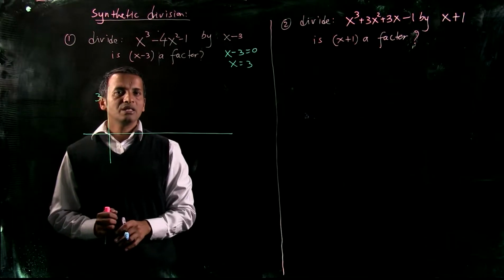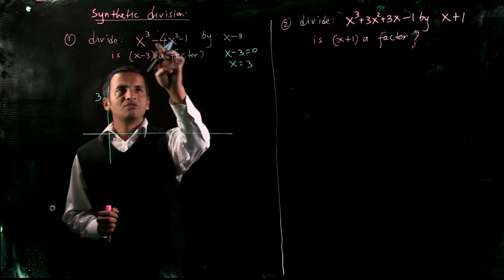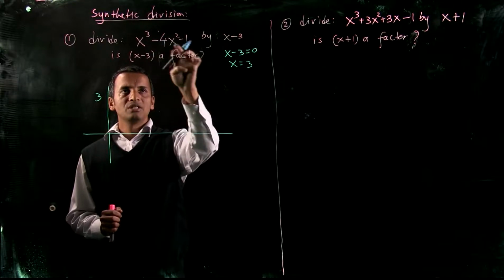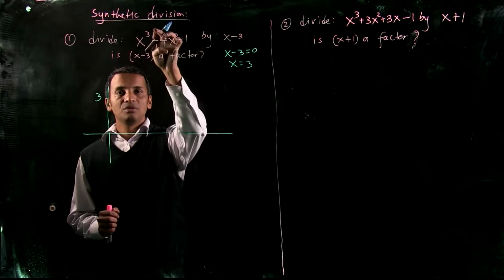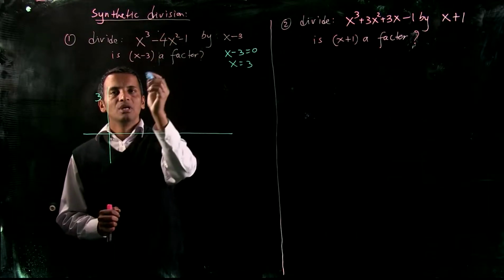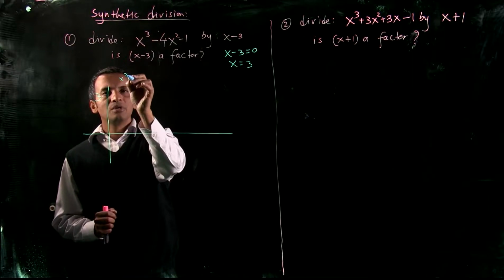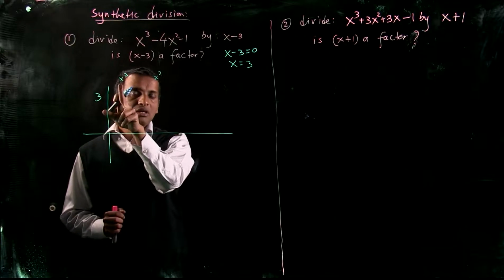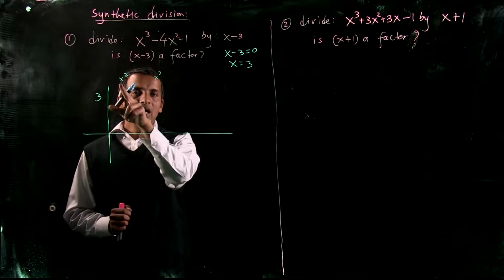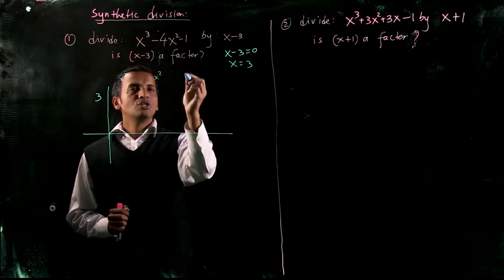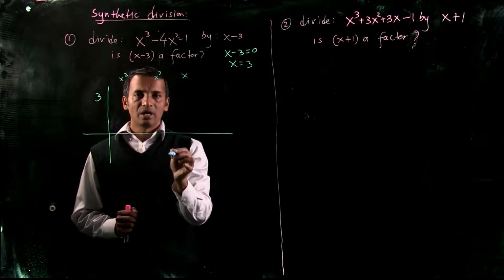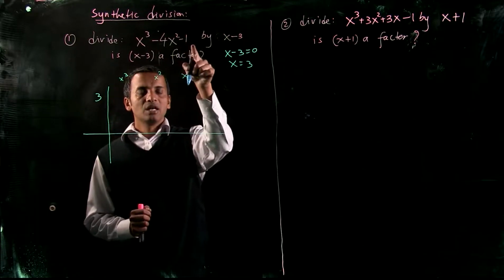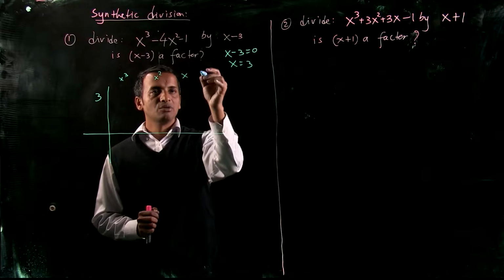The next thing you do is ask what is the degree of this expression. This is x cubed. So you start writing x cubed, then x squared. You start from the highest exponent of x and write all the exponents. Although there is no x term, you write x as well. You don't miss any of those exponents.